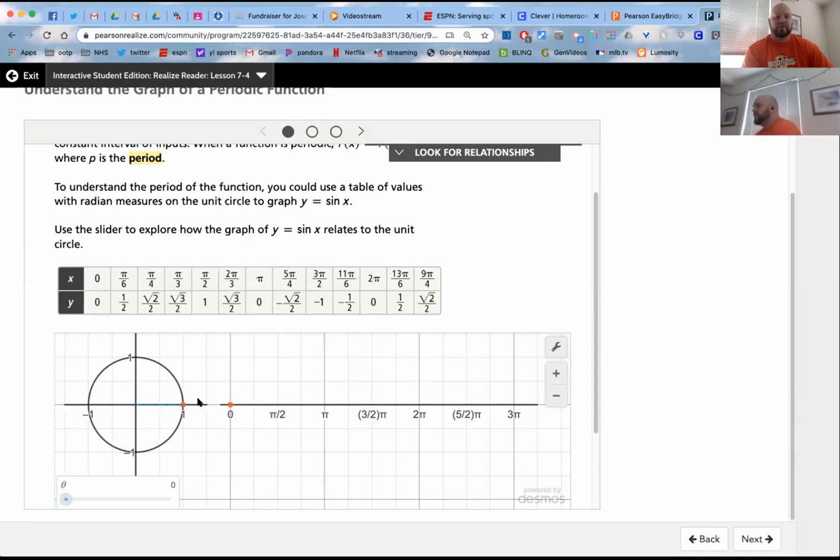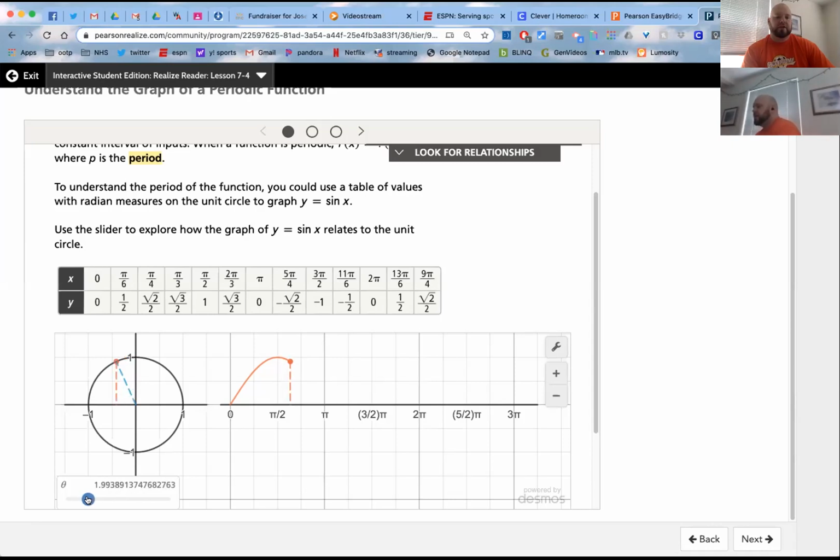When that's fully graphed, when we move all the way around the circle, that will be a sine graph. So as we start off, we move all the way up, and then we get up to this point. The highest point on our circle is the coordinate point 0, 1, and that's pi over 2. So the maximum of our graph is going to be at pi over 2.